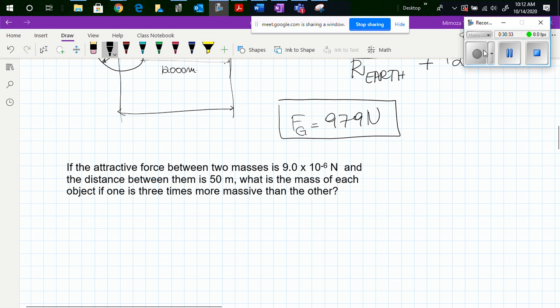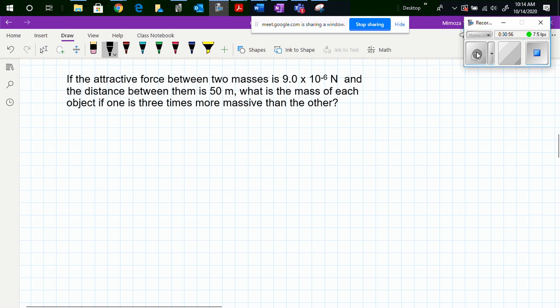And if you are at the surface of the moon, which has a gravity 1/6 of the gravity of the Earth, your weight will be 163 or 164 newtons. Does this make sense?